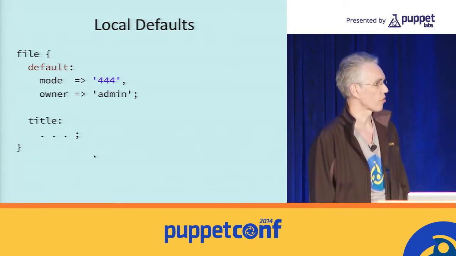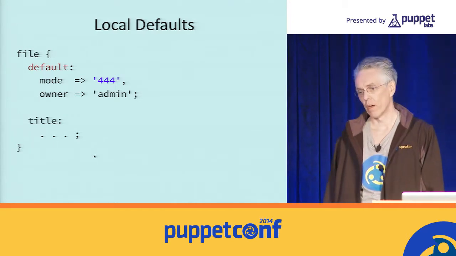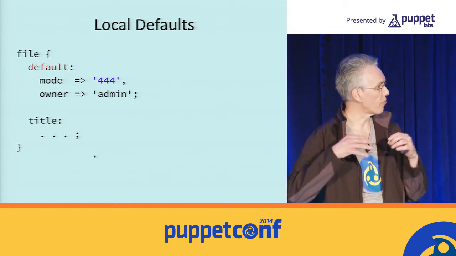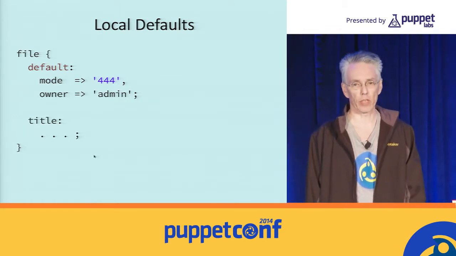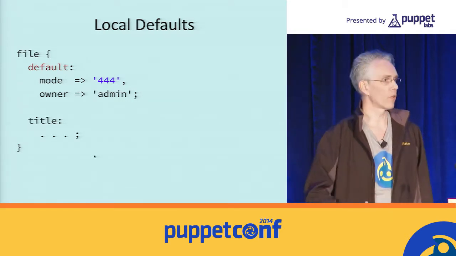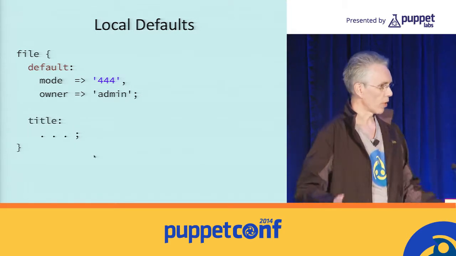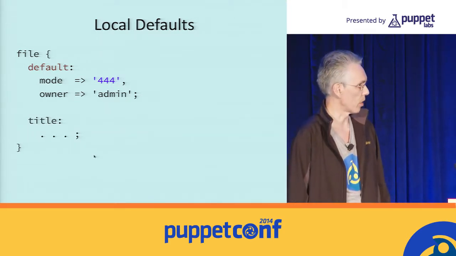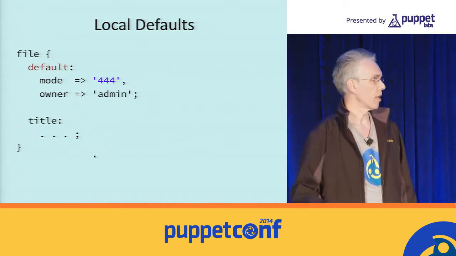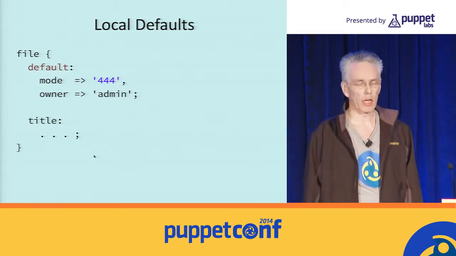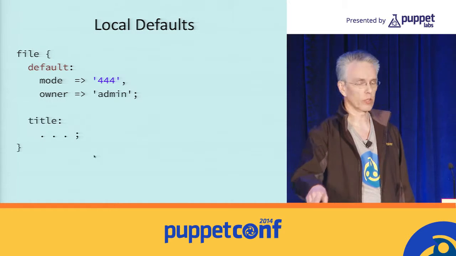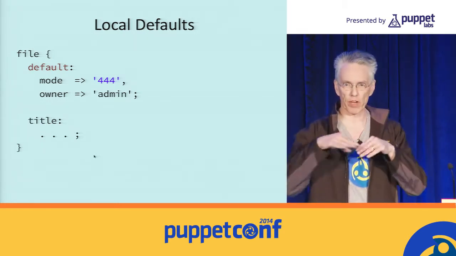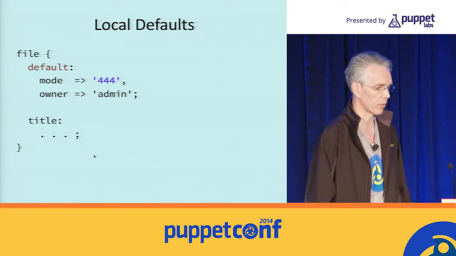If you're a module author and you really care about not having someone else's defaults invading into your module and causing havoc, you need to have a way to ensure that what you say about resources inside of your module is exactly what you want them to be. This is a mechanism that allows you to ensure that the defaults will be picked from this local default and not from some other place. And you can then very easily override it and you see exactly what you're doing.